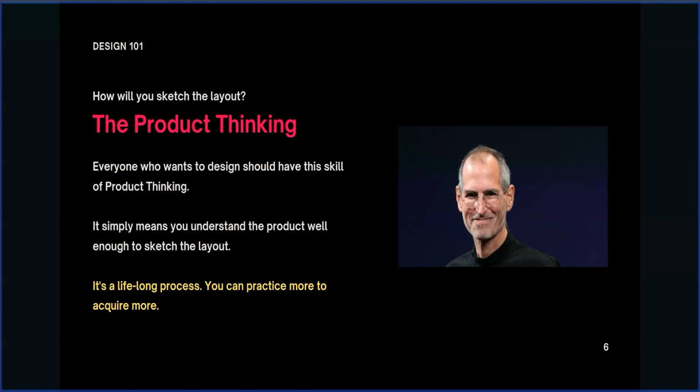To give you a brief example, you know that Google is used by almost every internet user, right? So why is Google so efficient for all the people around the world? The reason is simple: they have done this product thinking part really well.